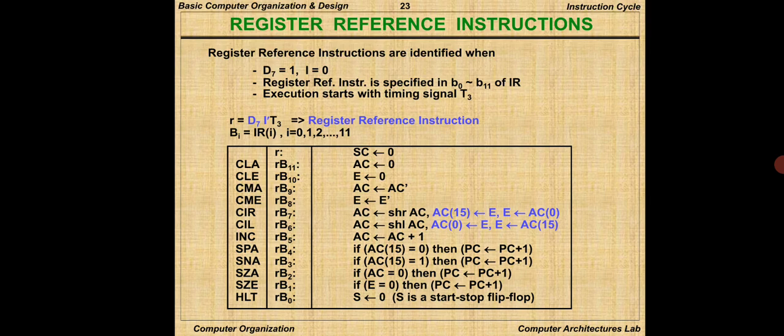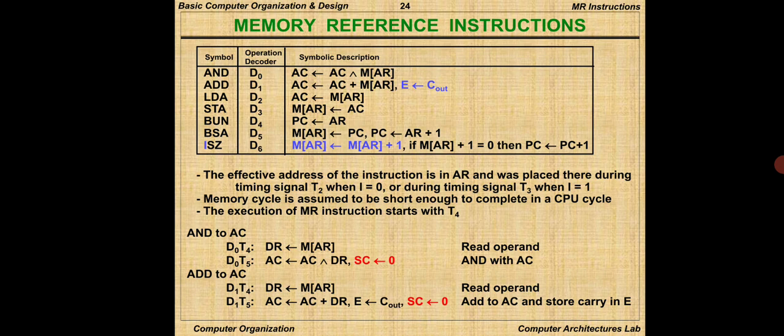If R bit is equal to 10, the E flag will be cleared to 0. If it is 9, you perform the complement of the accumulator. So on, you perform all the operations based on the values of the 0 to 11 bits. Next comes the memory reference instruction.